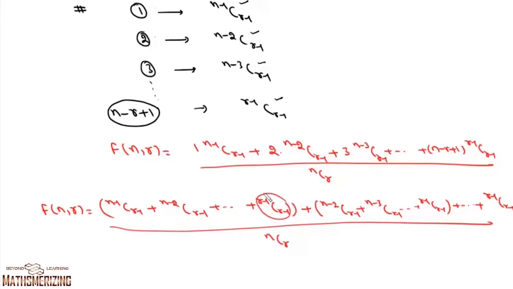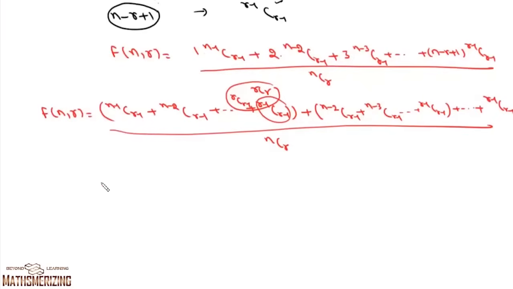Now we can write R minus 1 C R minus 1 as RCR, and the term before this will be RC R minus 1. Now n is the same, R differs by 1, it will be R plus 1 CR. And when we continue adding this series, the sum of this series will be nCR.